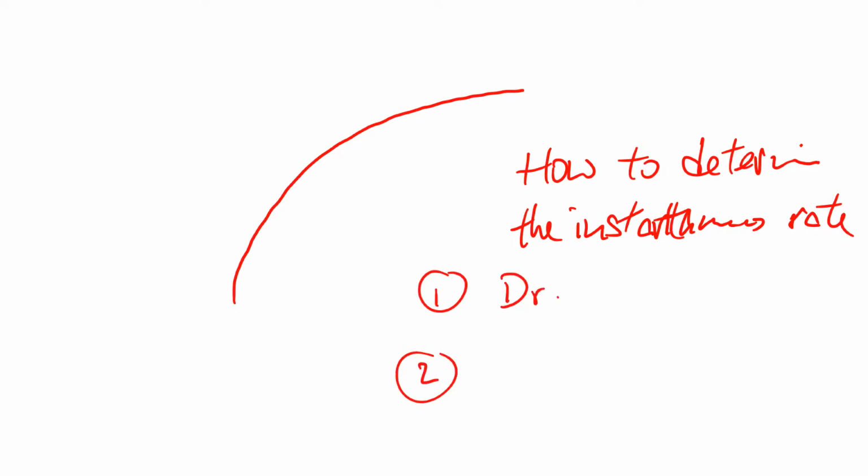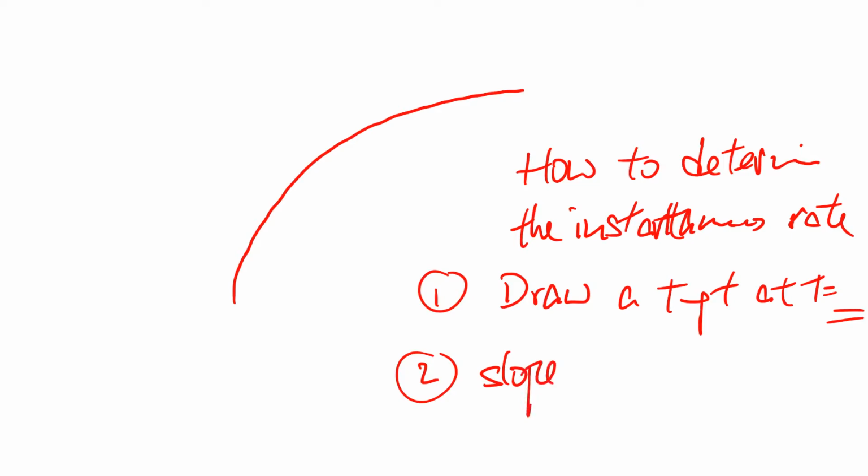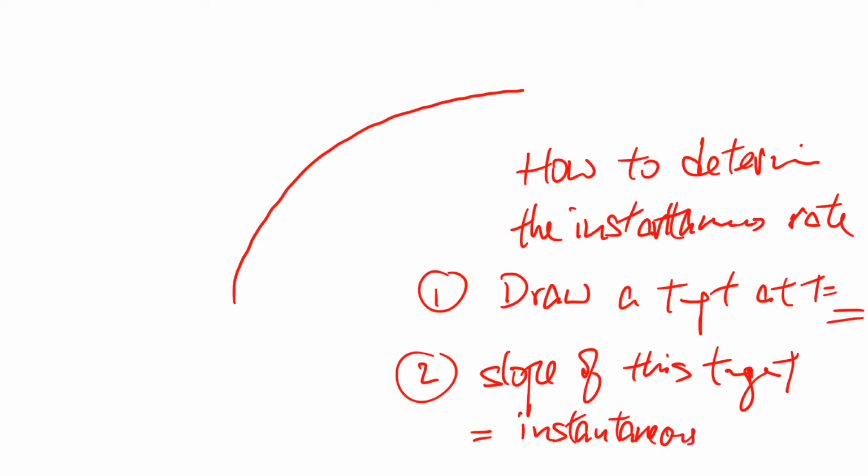First of all, you have to draw a tangent at time equals to the given time, and the second one, tell them that the slope of this tangent will equal the instantaneous rate. Basically this is the statement that you have to answer. Normally it will be a question like this, worth 2 marks.